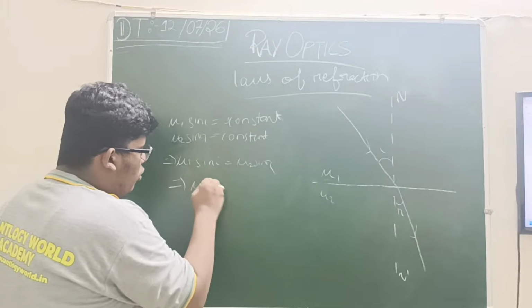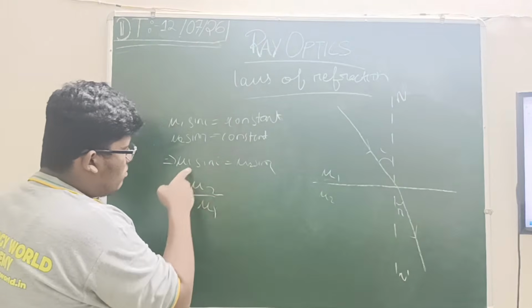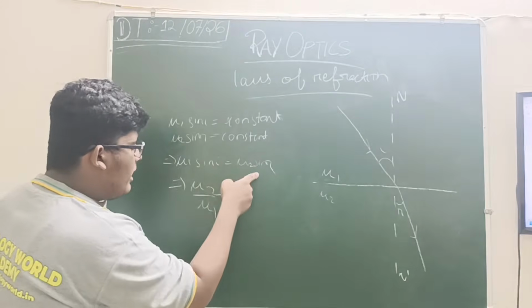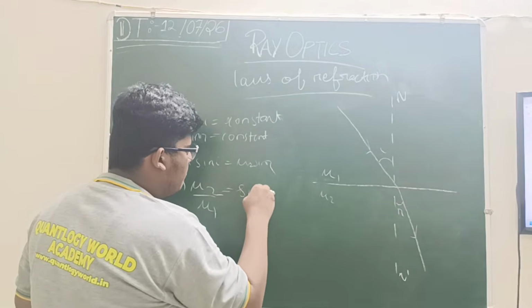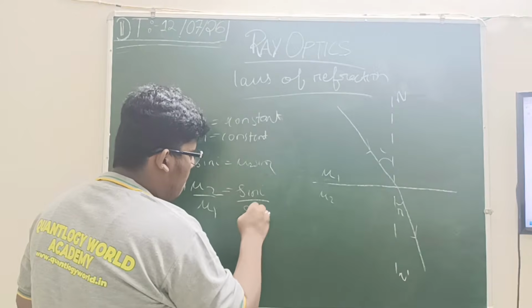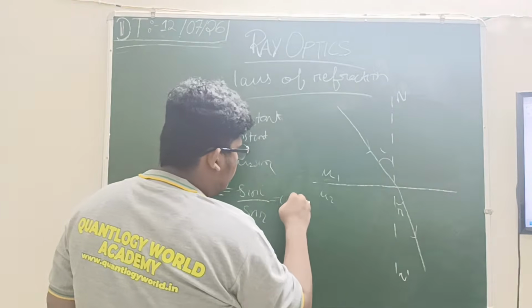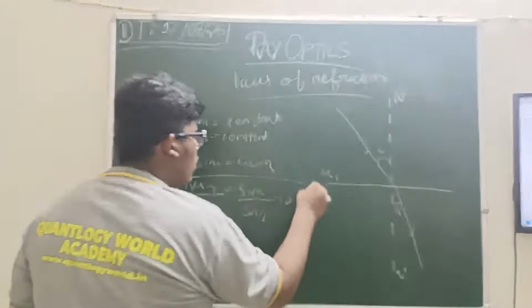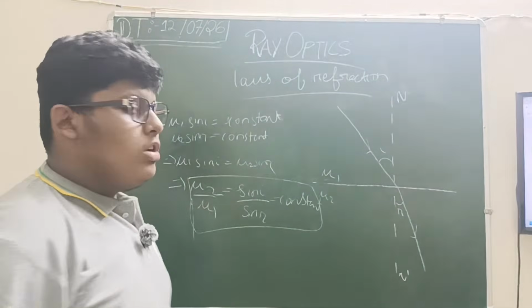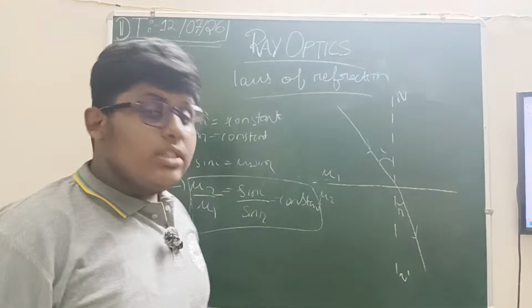If we write mu 2 by mu 1, we bring mu 1 to this side and mu 2 to this side, then it will be sin I by sin R, which is constant. This is second law of refraction, or we also say it as Snell's law.